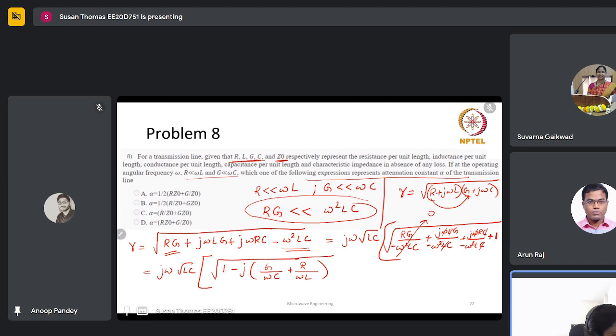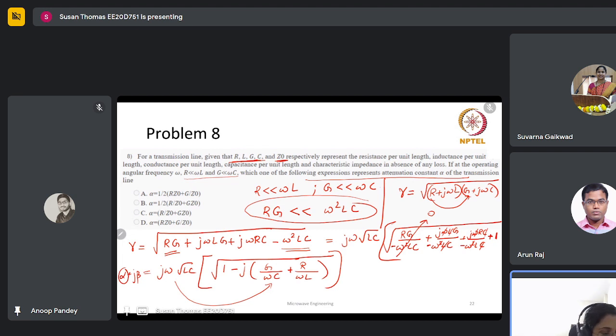Now, if you look at this expression, gamma is alpha plus j beta. So alpha is a parameter which is real. So from this expression on the right hand side, if you expand, you will get a real term when you multiply this j with j.